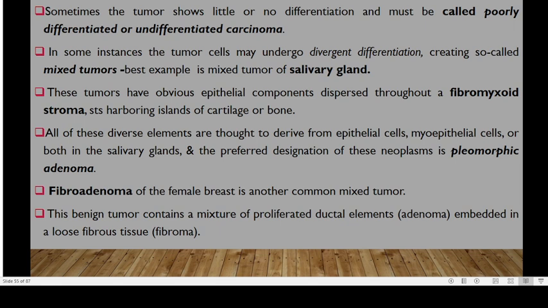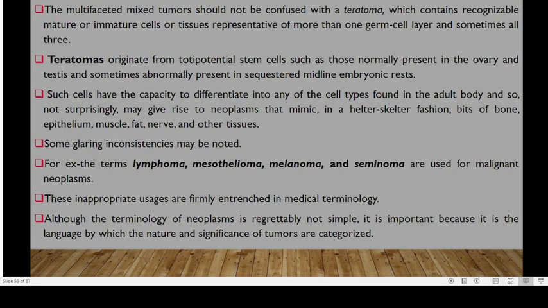So the fibroadenoma of the female breast is also another good example of a mixed tumor. This benign tumor contains a mixture of proliferated ductal elements embedded in a loose fibrous tissue, the fibroma.